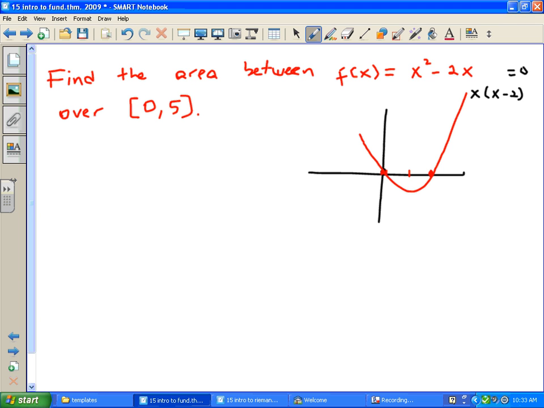And we want to find the area from 0 to 5. So let's shade what that region looks like. It will consist of the union of two separate regions, this region plus this region.